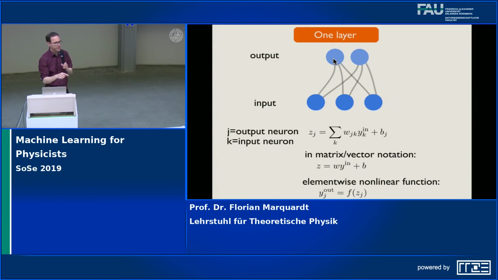We didn't have that before because I was only talking about a single output neuron, but now I have several output neurons. So, not surprisingly, if I want to write this down in the most general terms, I will take yk, the value of the input neuron, multiply it by a weight that carries indices j and k, output and input.